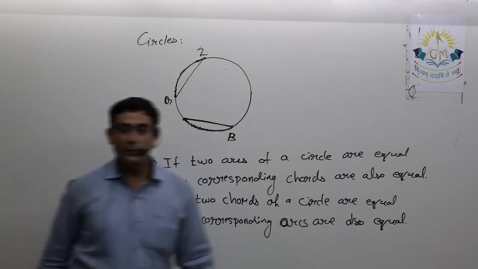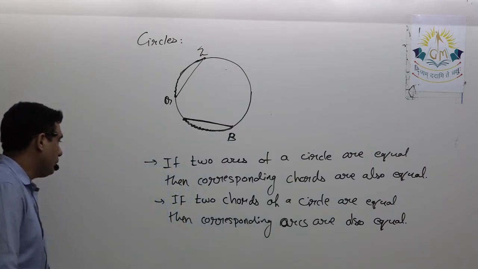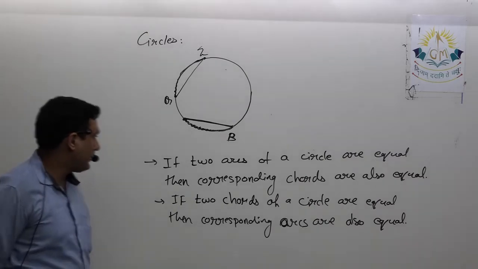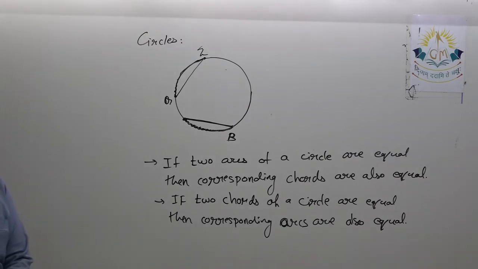If two chords are equal, corresponding arcs are equal. If two arcs are equal, corresponding chords will be equal. These are two basic axioms.